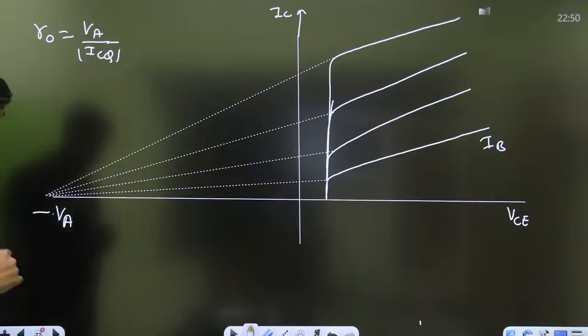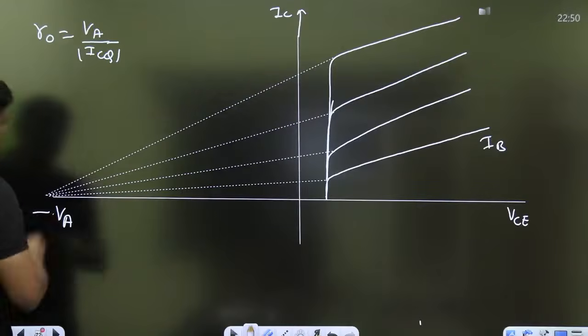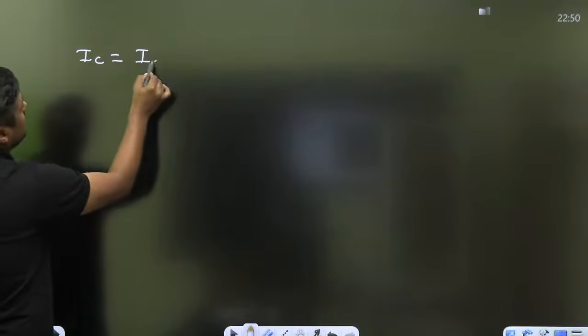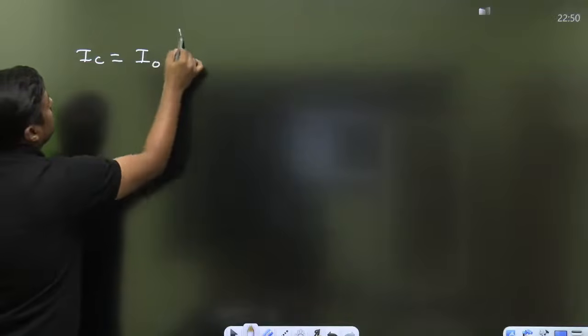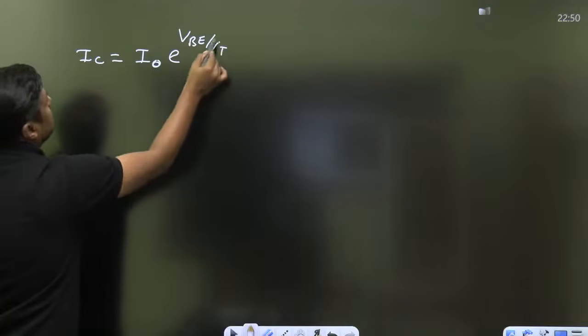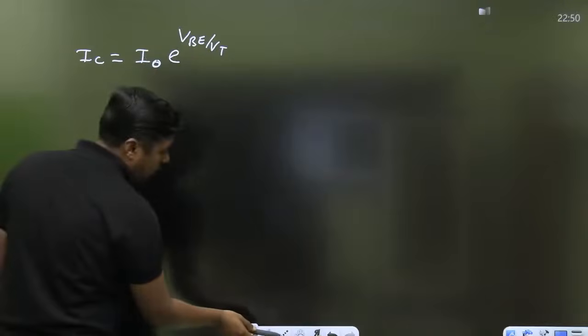Right. And then, normally we are having the formula for IC is equal to I naught e raised to power VBE upon VT in case of transistor. That is the formula for collector current when the emitter junction is forward biased.